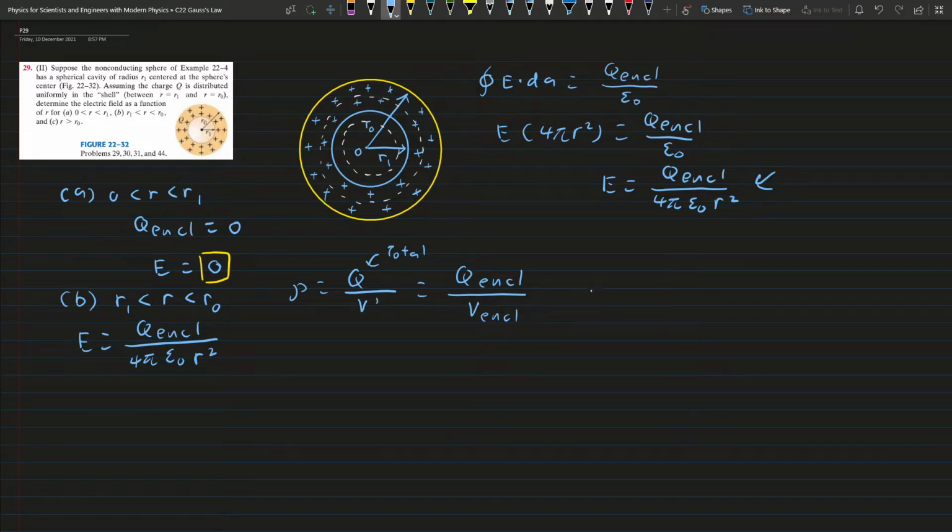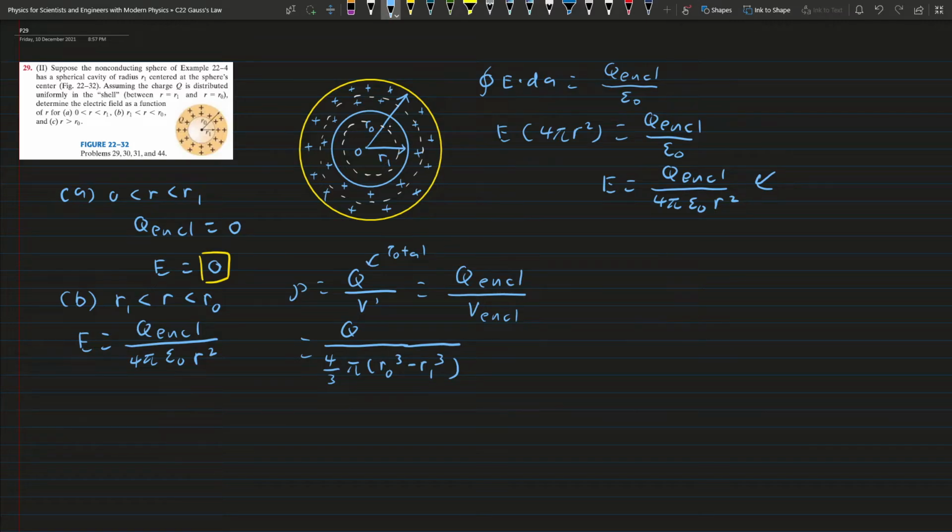Right. First things first, rho equals Q over 4/3 pi times r naught cubed minus r1 cubed.